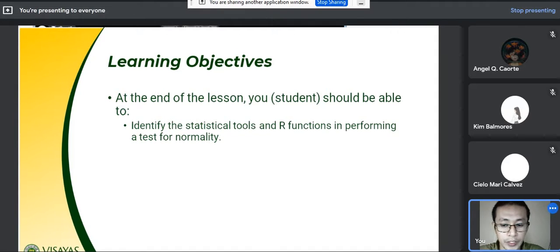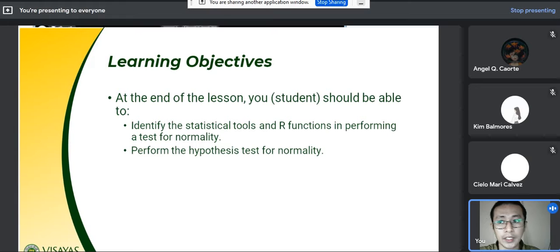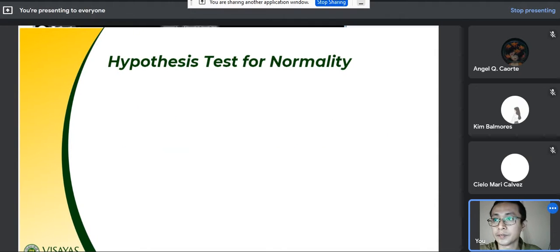And then you must also be able to identify what are those functions in R used to perform this hypothesis test for normality. And then finally, you should be able to perform the hypothesis test for normality. So that's our learning objectives for this morning.